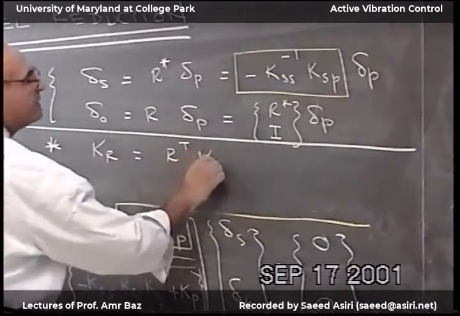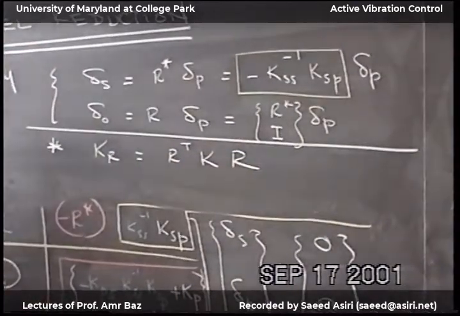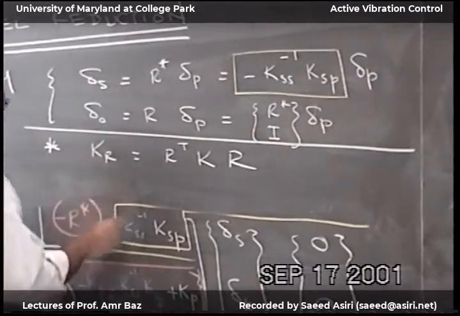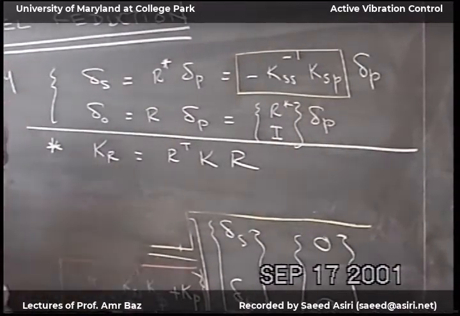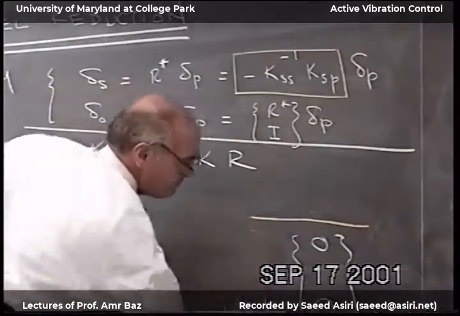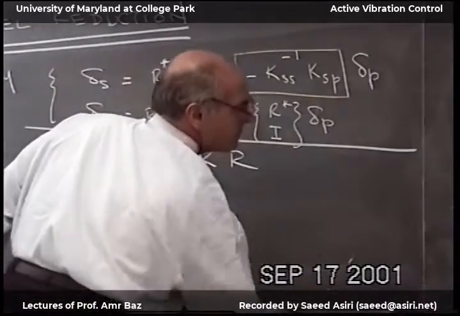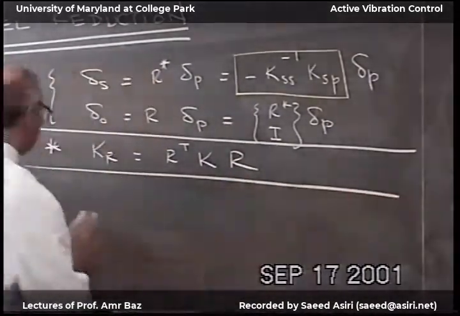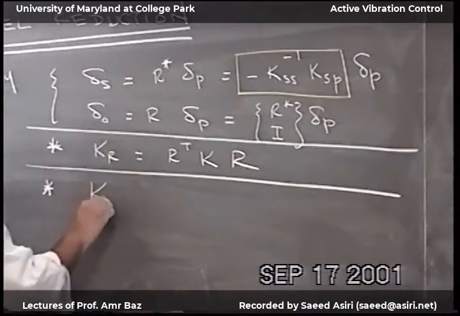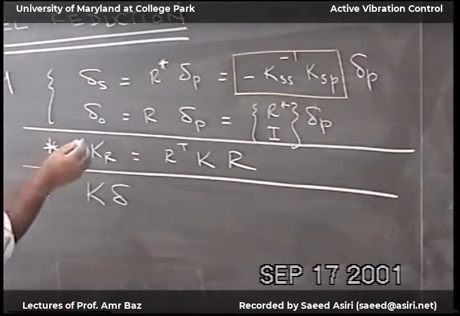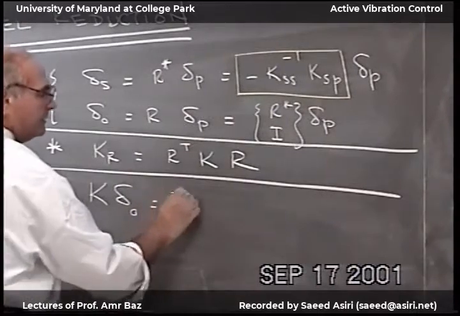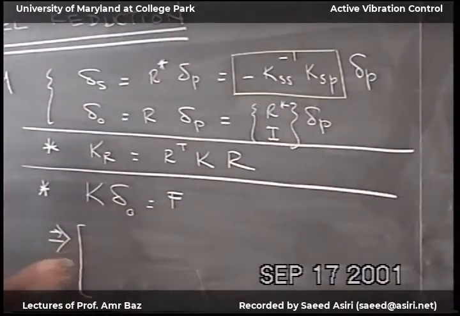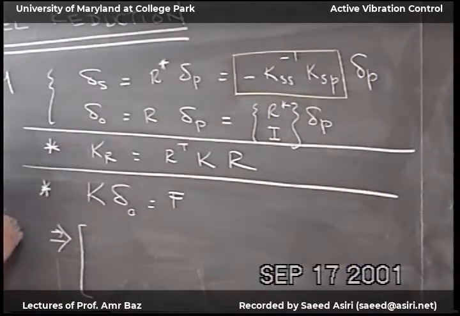R transpose K and R. And then the last equation that we have here, this is equal to K delta over all, which is equal to F. I can put it in this form with the Gauss Elimination.